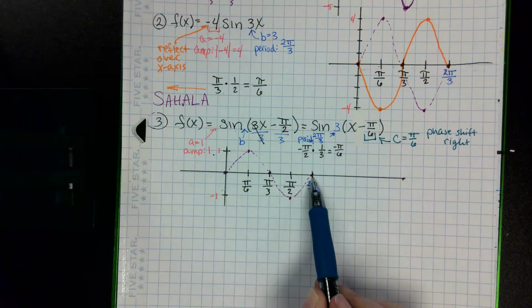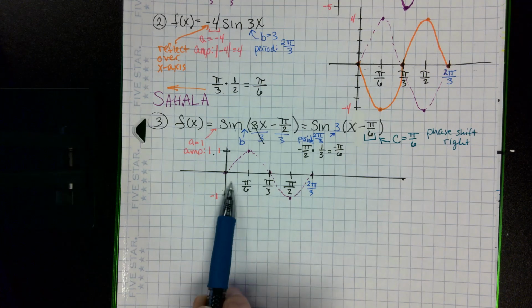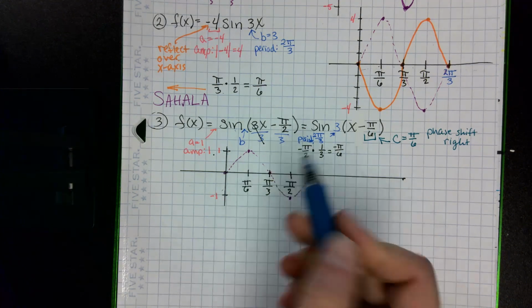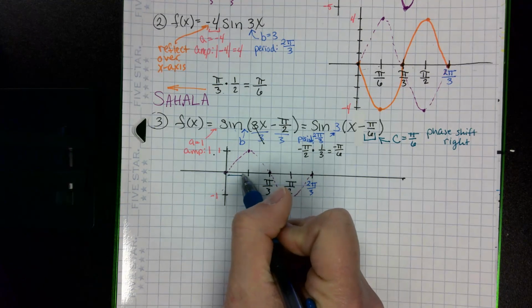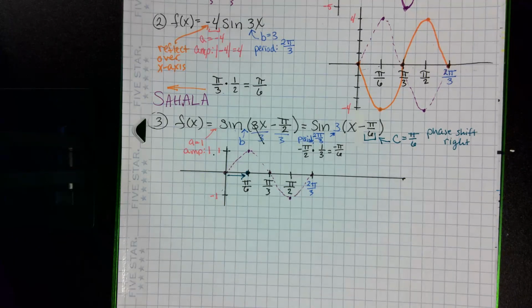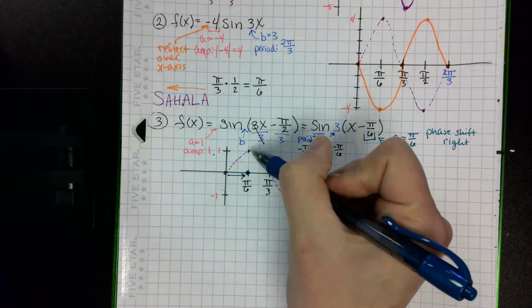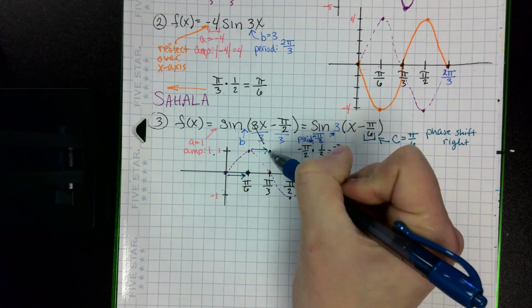So the furthest right point is this one, and I need to go right from there pi over 6. But look, this is pi over 6. So one section is pi over 6. So that means I could take my dot at 0 and shift it to the right one section, and then I would be at pi over 6. So I take this dot here, shift it over, and it would go there.